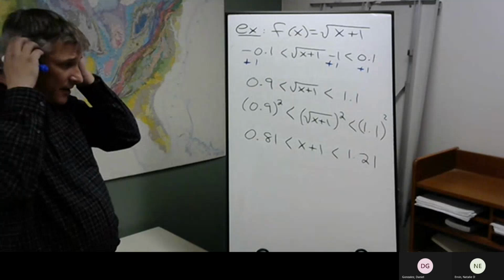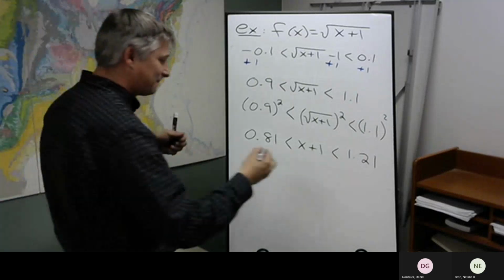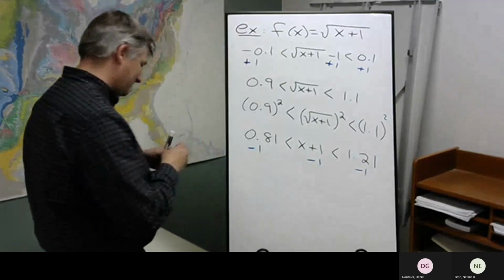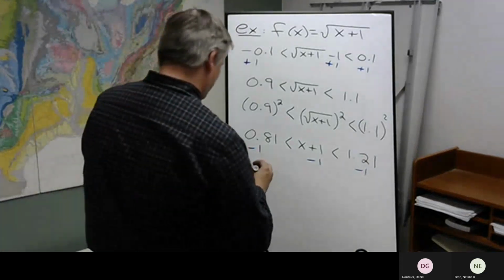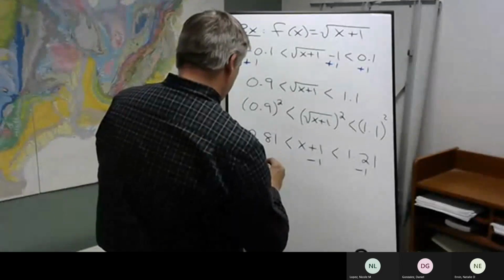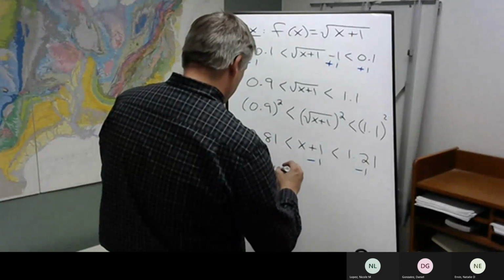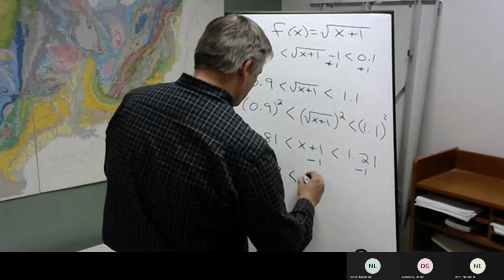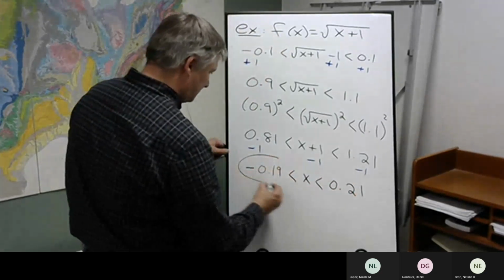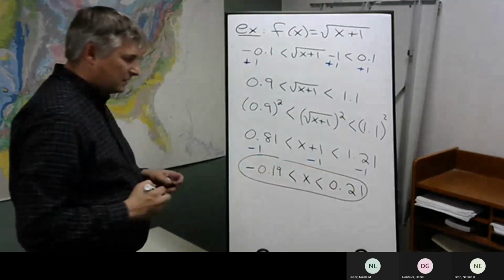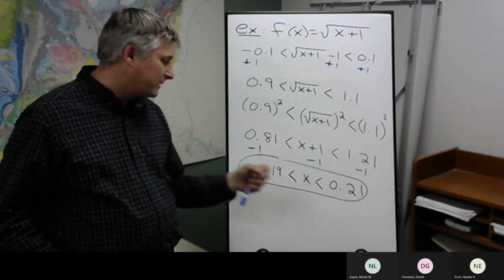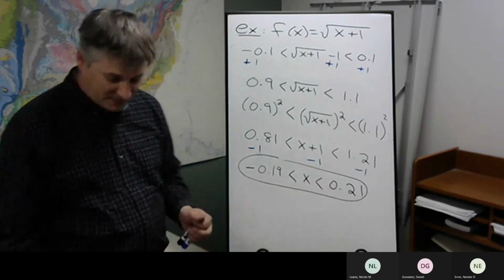Now we're still trying to solve for x. So we're going to subtract 1 from everywhere. Let's see. So we finally solved for x. We got x between negative 0.19 and 0.21.